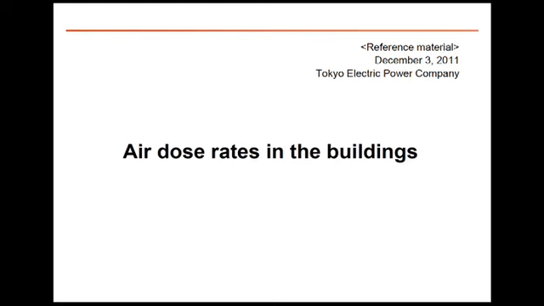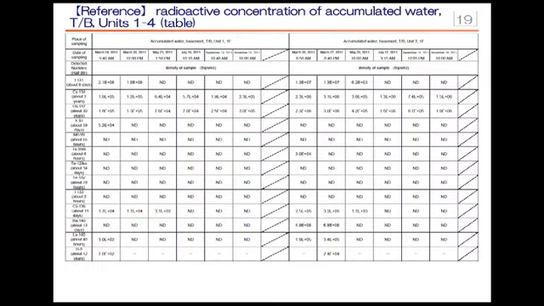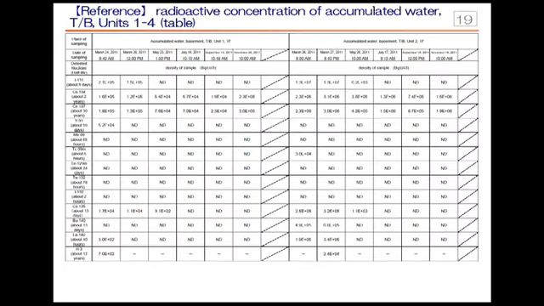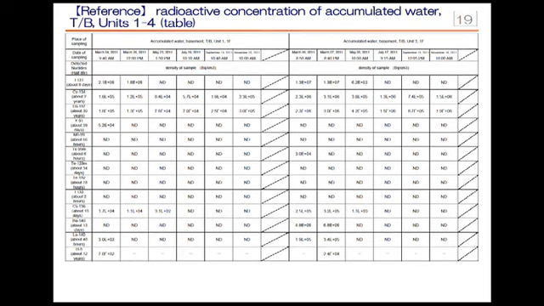Page 19 shows the concentration of radioactivity of the accumulated water in the turbine building. As for this, at Unit 3, the situation of the flat movement continues approximately from Unit 1. It is believed that the water, which is pouring out to the nuclear reactor at present, slips into the turbine building via the reactor building.